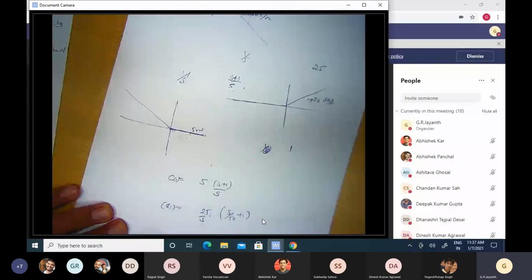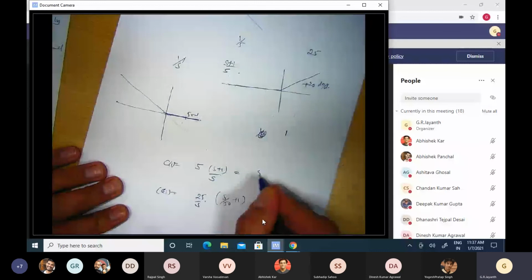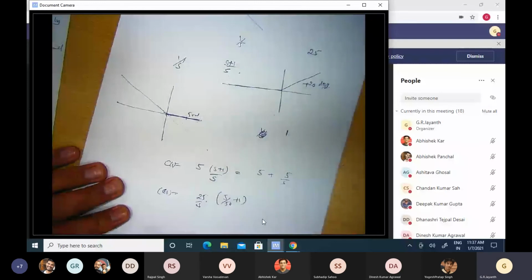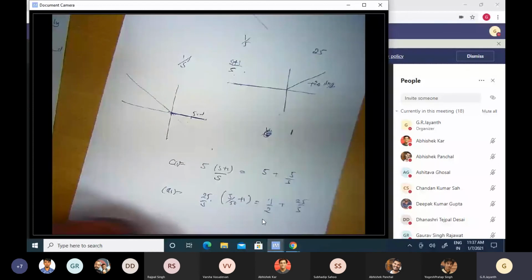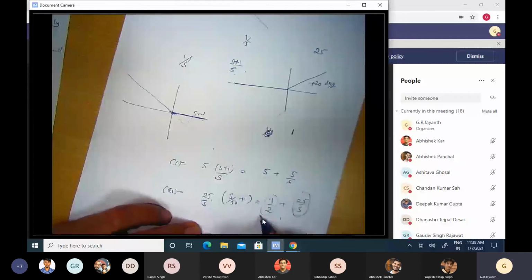If I expand it out, I can write this as 5 plus 5 by S. And this I can write as 1 by 2 plus 25 by S. Okay, so you see that in either case, it is a summation of a proportional term and an integral term, because this does the job of integrating error, that does the job of scaling the error. In one case, it scales by a factor 5. In the other case, it actually attenuates by a factor 2.